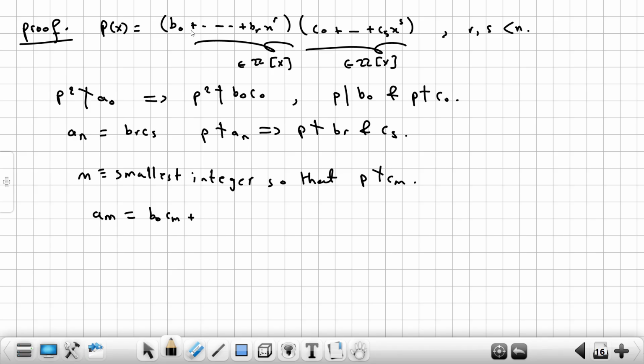After multiplying these two polynomials and comparing with the initial expression of p of x, you find that am is equal to b0cm plus b1cm minus 1 plus, and so on, increasing b by 1 and decreasing m by 1, till bmc0. Now this term here is divisible by p, since p divides b0, but the other terms here are not divisible by p.